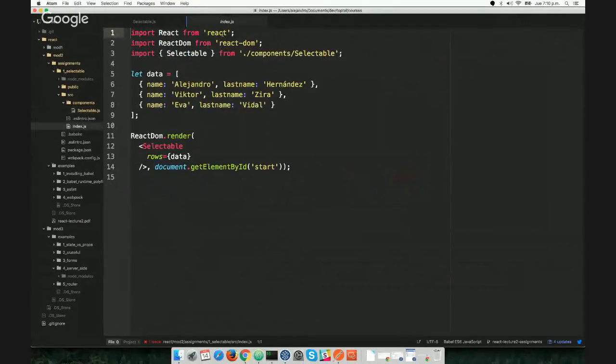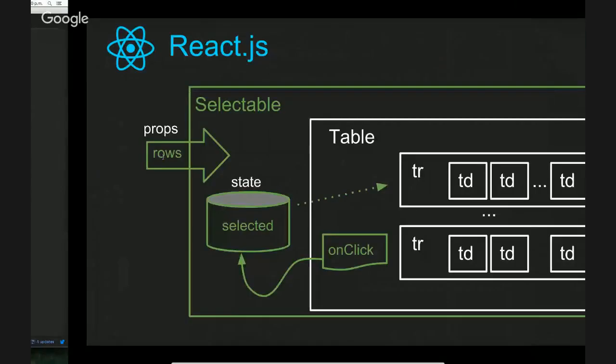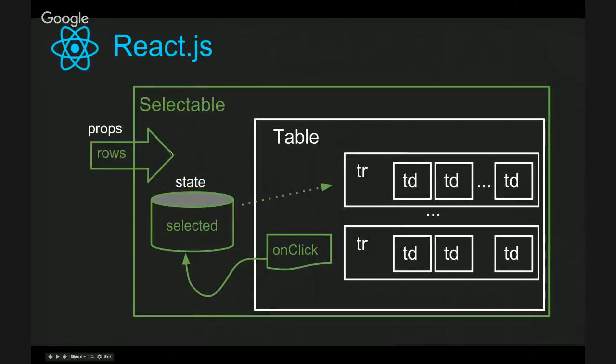Here in my index.js file, I have my array with all the data, and I'm just rendering the selectable component and sending the rows as the data array just as a property there. So the rows are getting into the component through the properties as an attribute in JSX.